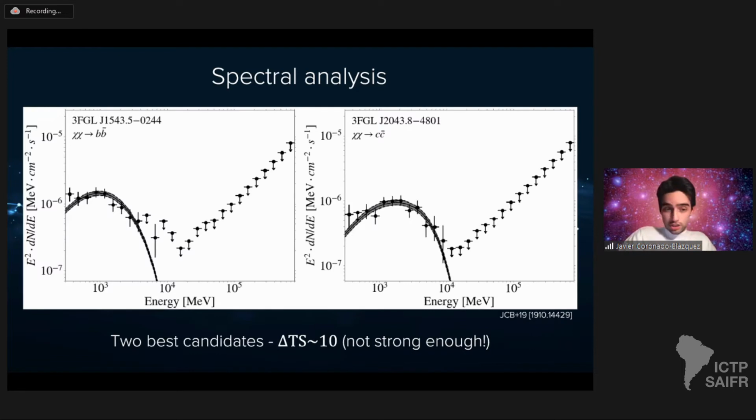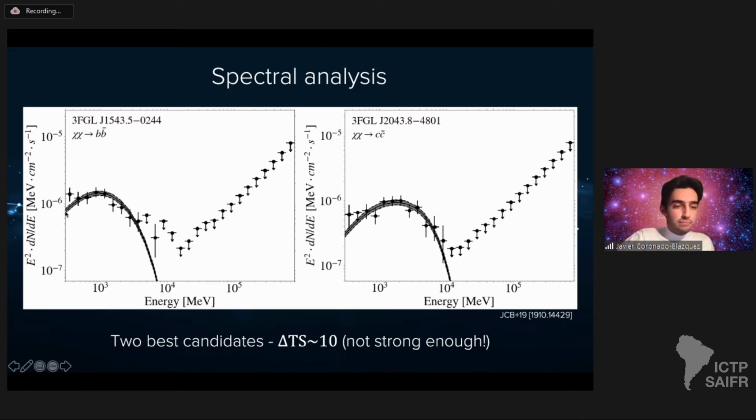Unfortunately, this is not the case at all. The two best candidates we have present a delta TS of order 10, and this is not strong enough, and also this is pre-trials. We are not penalizing by the trial factor, the look-elsewhere effect, so this would actually be even lower. Nevertheless, if you take a look at the spectra, they follow very, very well the Fermi-LAT points.